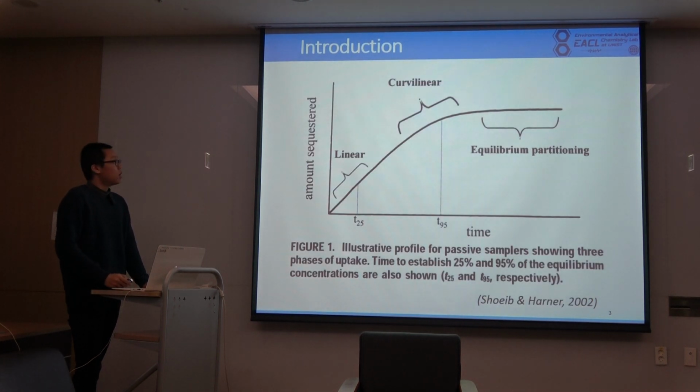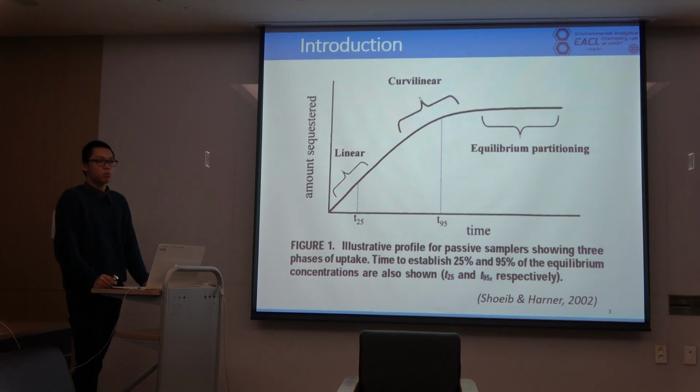However, with passive samplers, we need to investigate the uptake mechanisms of the air pollutants on the absorbent. In these figures, you can see that before reaching the equilibrium state between the atmosphere and the absorbent concentrations, the accumulation of the pollutants has to pass two phases.